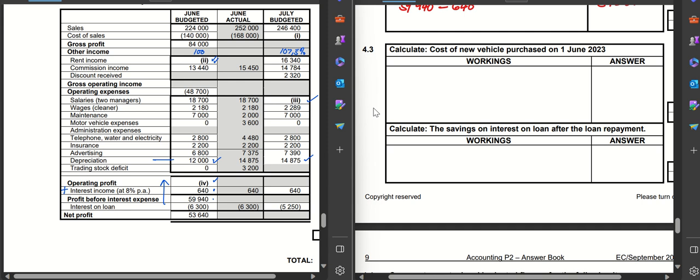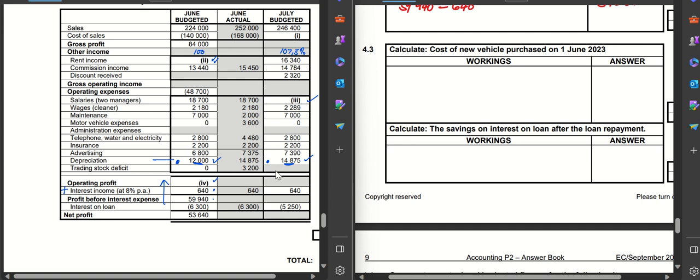quickest way. The fact that our depreciation has increased from 12,000 to 14,000 means there is an addition to our vehicles, and the opposite is true. If we had 14,000 here and now here is 12,000, that means we have disposed of an asset, hence our depreciation would have gone down. Please take that into consideration.